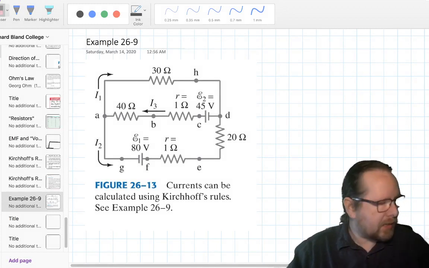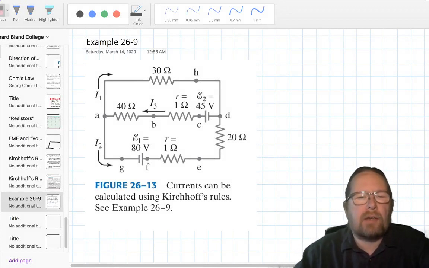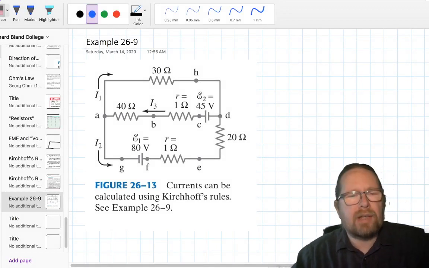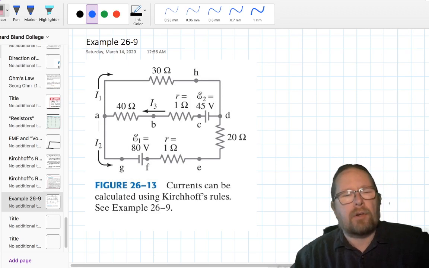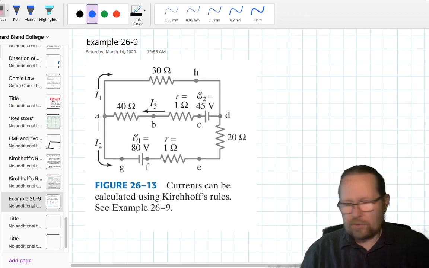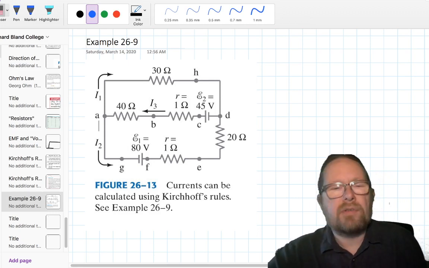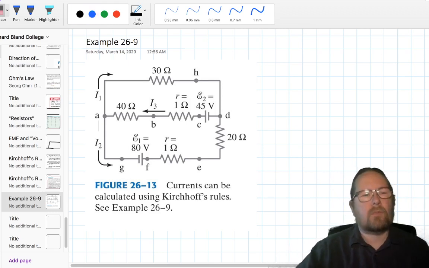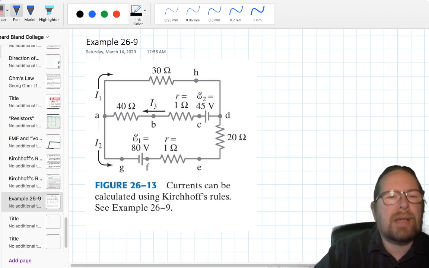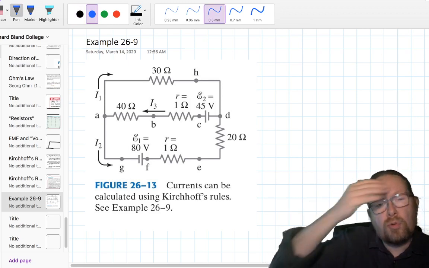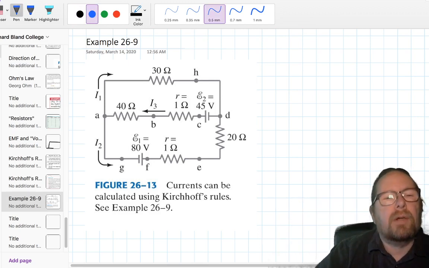So let's take a look at this diagram in your book from example 26-9. The first thing they do is they label the current in the different branches of the circuit. And this is something that, just like when you set up a kinematics problem, you get to choose the direction of positive and negative.